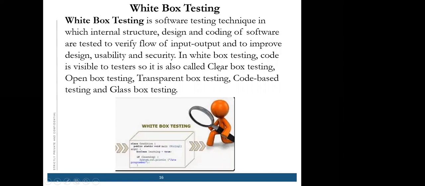In white box testing, the code is visible to the tester. So it is also called clear box testing, open box testing, transparent box testing, code based testing, or glass box testing. Okay, so these are all similar names for white box testing.